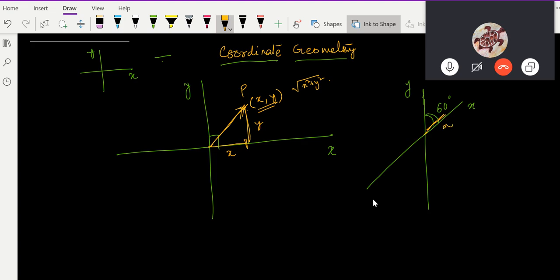So if I do this in the second case, the logic still remains the same. I go x units on the x-axis, and then I go up y units on the y-axis, right? But here, because this is not 90°, this is 60°, we will be able to calculate the distance, but in that case we will have to take, instead of x, x cos 30 and then add y, x sin 30.